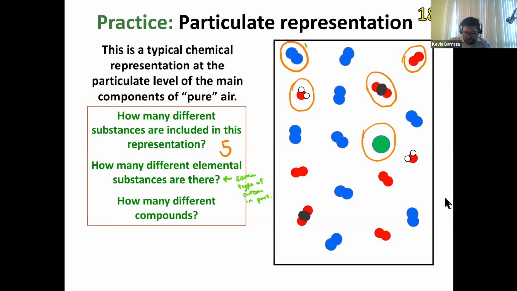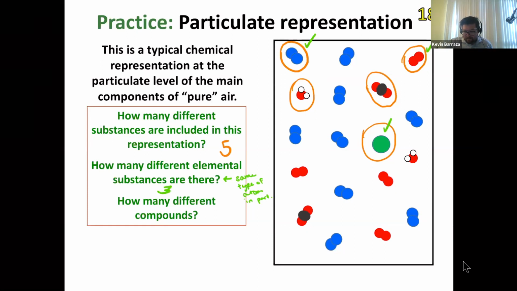So this would be elemental because its particle has the same blue in total. This is also elemental because it's the same. And then this one by default, right? By sort of like it has to be because there's only one atom there. That's a substance. So this is going to be 3.